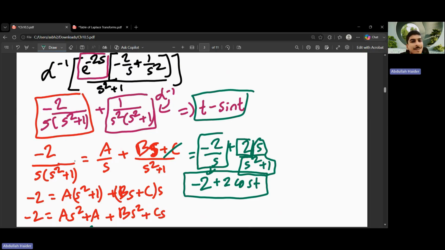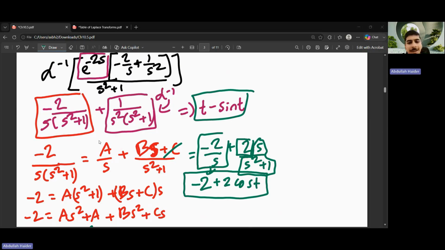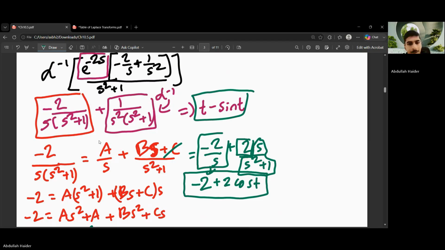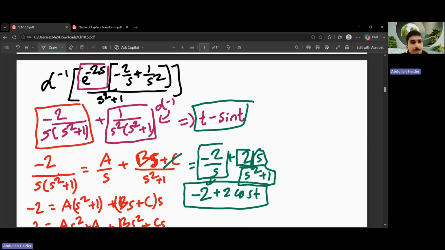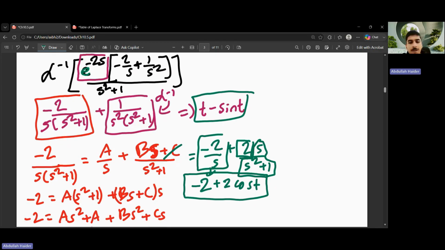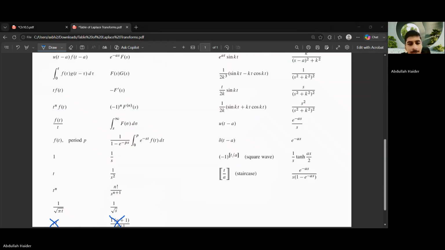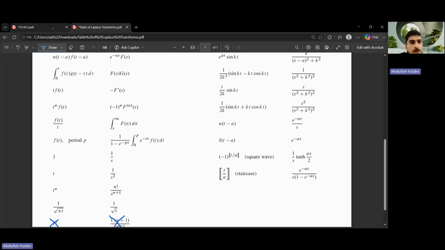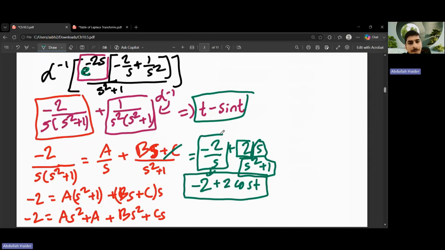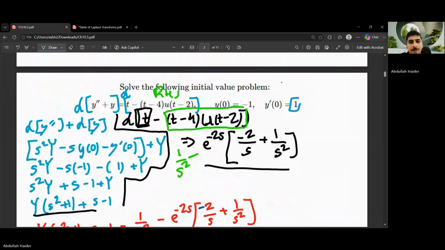We're still not done with this part alone. I know, I hate it. We need to apply something called the shifting theorem, because we have this e power minus 2s. So what I mean by shifting theorem is, if you go back to the original expression, your a is 2.